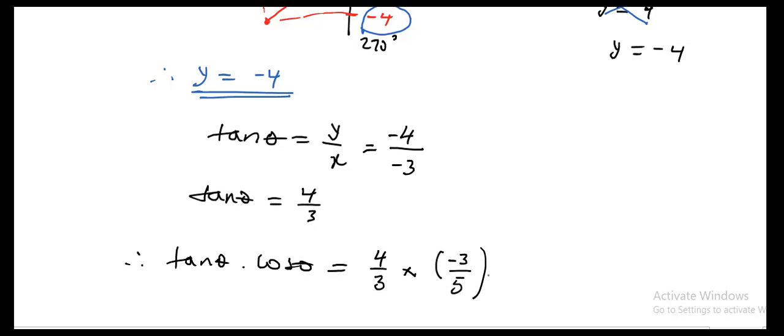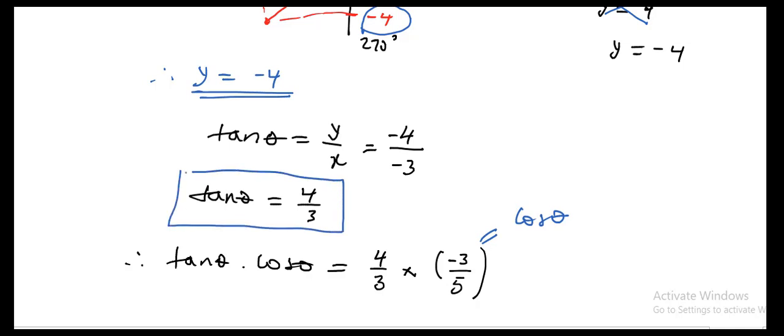Are we together? Cos theta was the value given to us. What we are looking for is tangent theta, with the aid of a diagram. How do you go for it? You need to make use of the Pythagorean theorem.